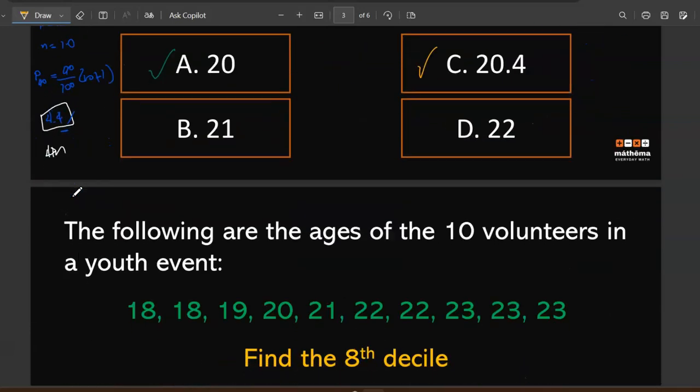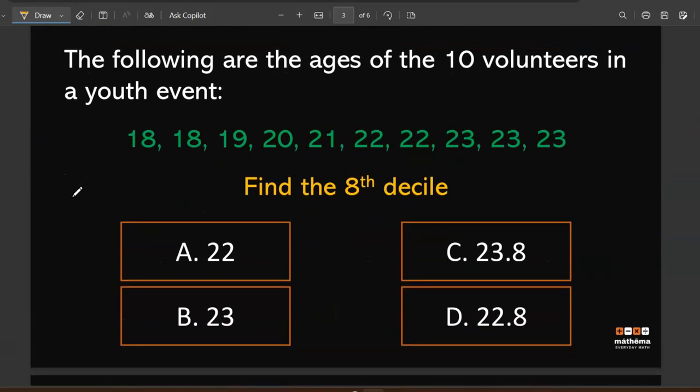So let's have number 2. The following again are the same ages, and again the same n, which is 10. This time we are asked to find the 8th decile. Decile D sub k is equal to k over 10 times n plus 1. Our k is 8, our n is 10. So D 8 is equal to 8 over 10 times 11.